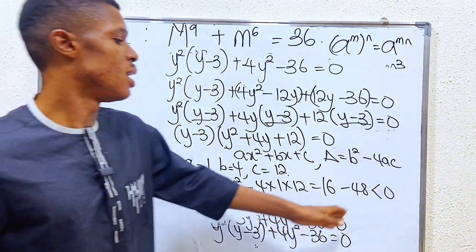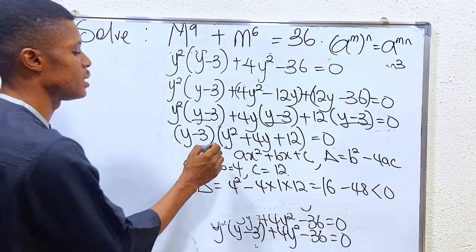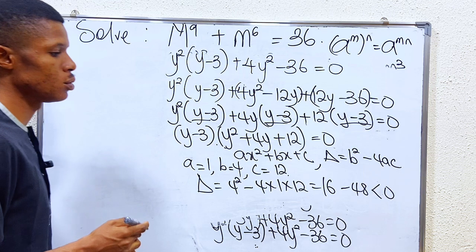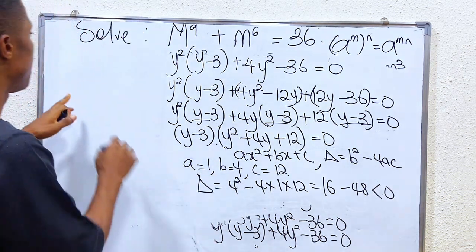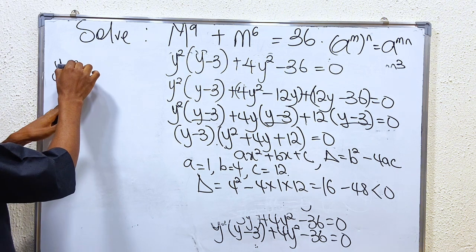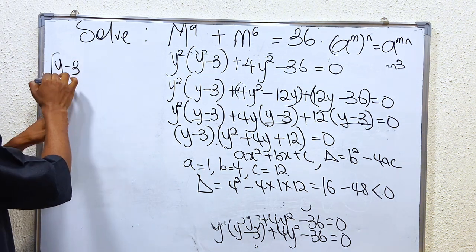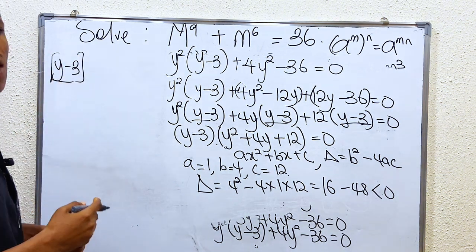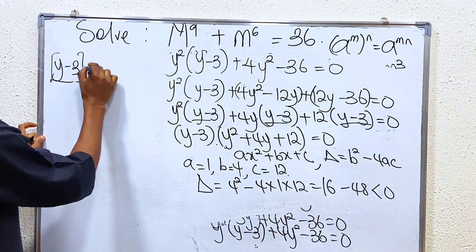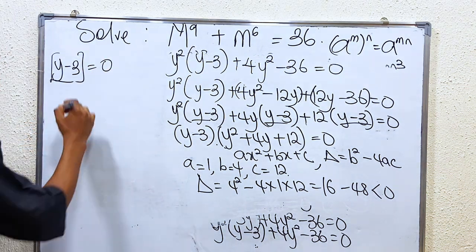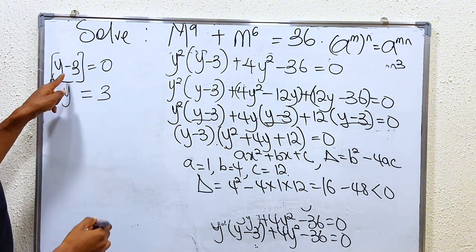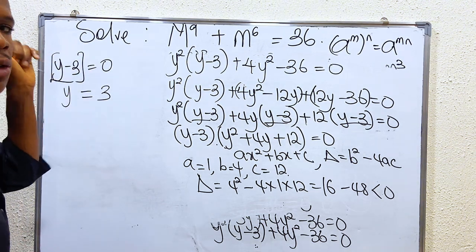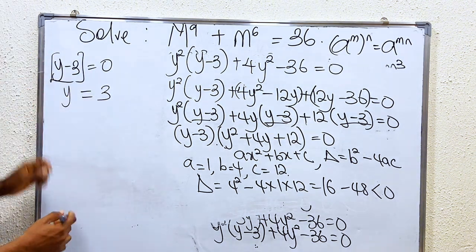Since this is less than 0, this term will give us a complex root, and that's not what we want. So the only solution we have is y minus 3 equal to 0. That means y is equal to 3, when we add 3 to both sides.